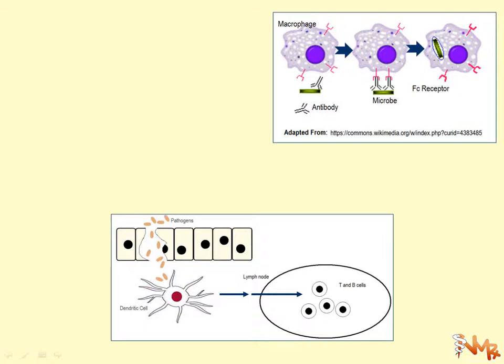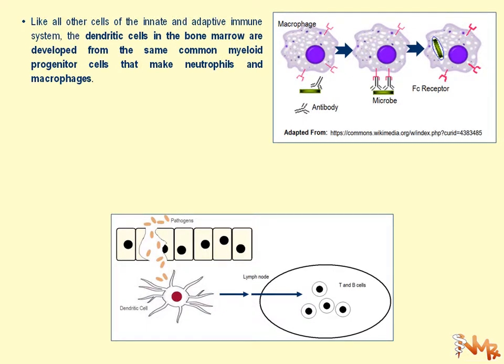Now let's see what I have in writing here. Like all other cells of the innate and adaptive immune system, dendritic cells in the bone marrow are developed from the same common myeloid progenitor cells that make neutrophils and macrophages.